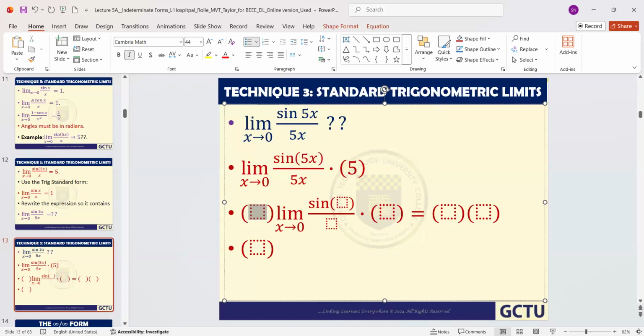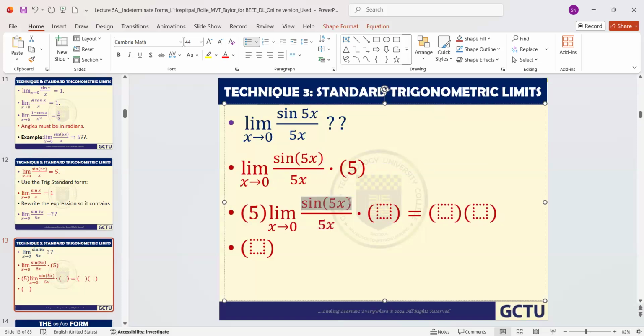So 5 can go out there and multiply the function. Now, the function will be exactly what we want, 5x over 5x. So now that the angle of sine is the same as the divisor, I know that this simply is going to be equal to 5 times 1. I hope you know that I don't need this one here anymore when I do this.